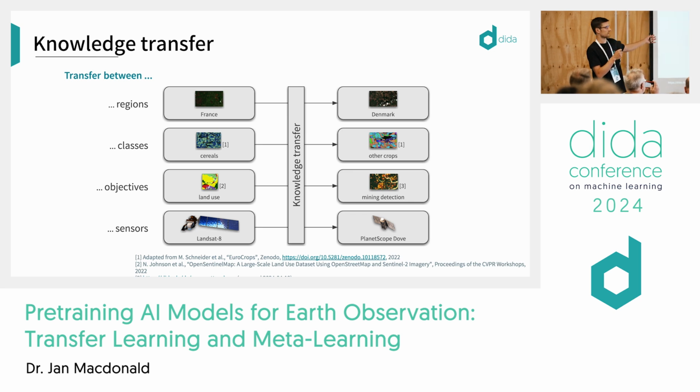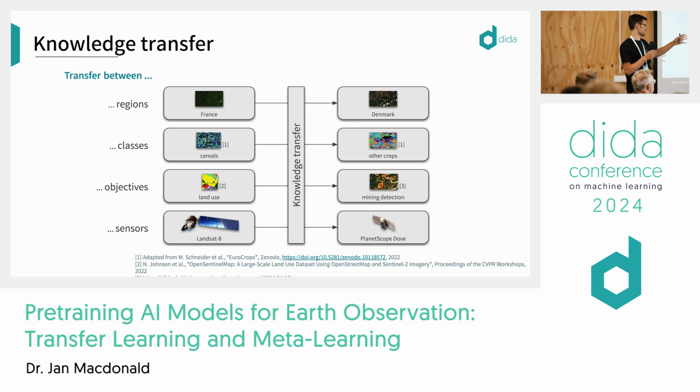Or you can change the objective of the model, like first train a model that classifies land use, and then later you might decide, okay, now I want to use this information to improve a model that detects illegal mining activities, for example. Or lastly, transfer data that was collected on different types of sensors, different satellites.